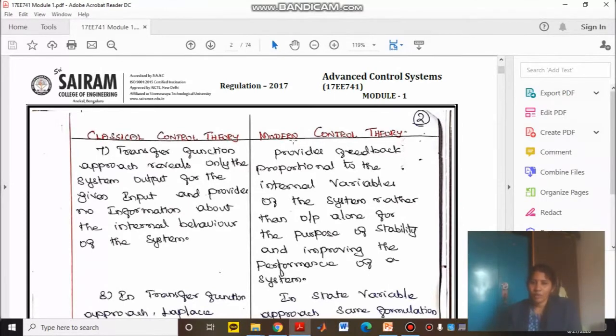Whereas in modern control theory, the output varies based on your input, and it is also possible for us to fetch the intermediate variable so that the variation in the parameter can be controlled with the proper design of your gain factor. Therefore, in modern control theory, your performance is improved, whereas in classical control theory, the performance is low.